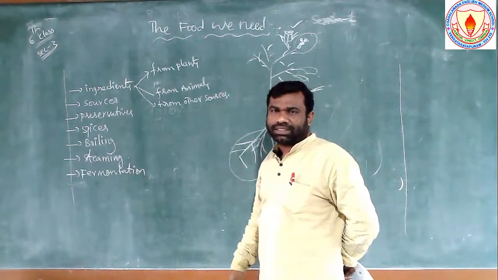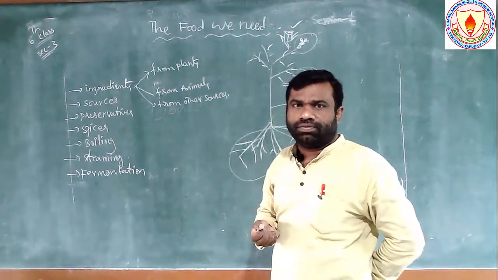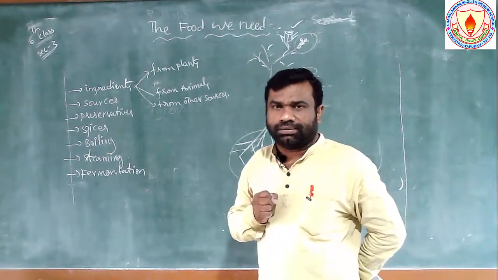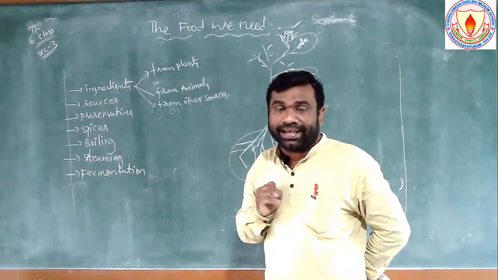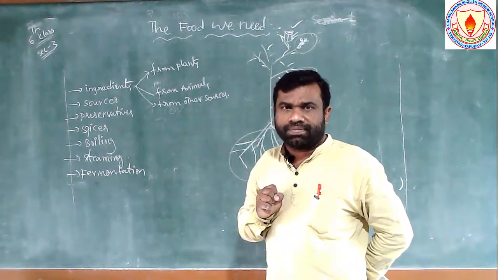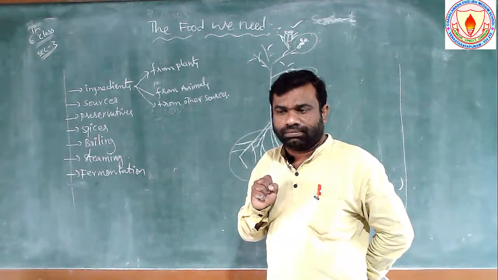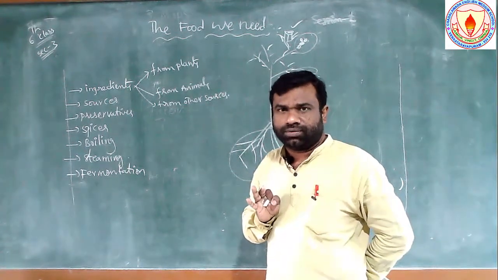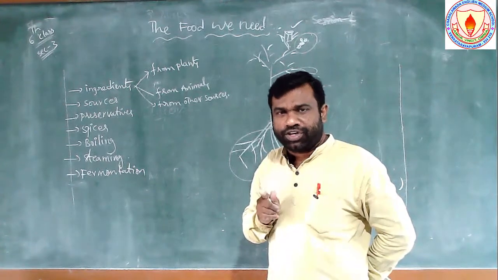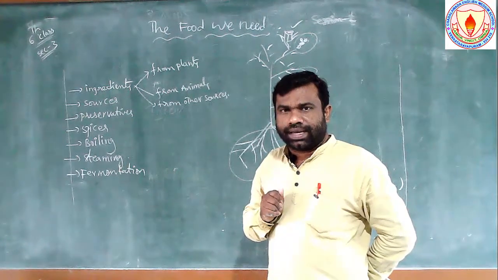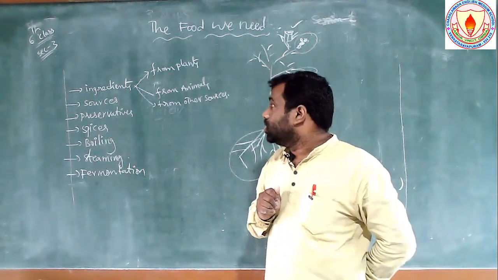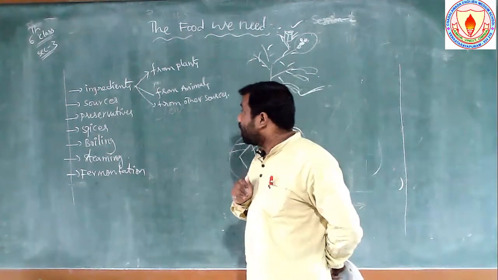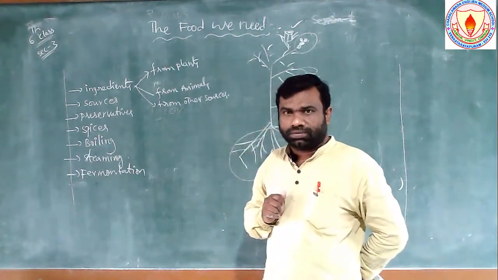Next, from the animals. From the animals, eggs we are taking from the hens, and meat we are taking from goat, sheep, chicken, and fish, and eggs. And from the cow we are taking milk.